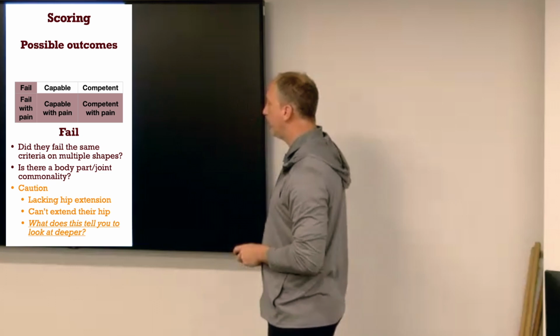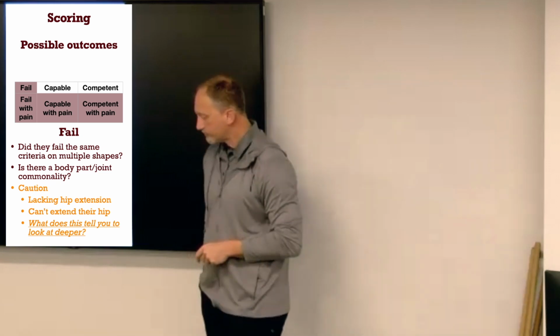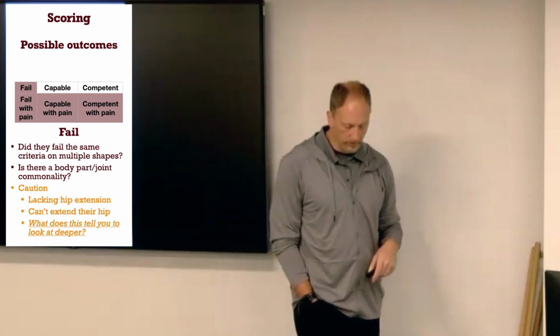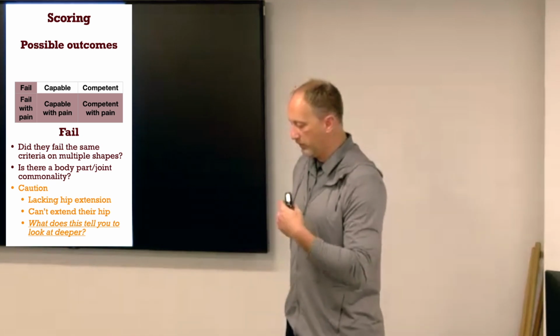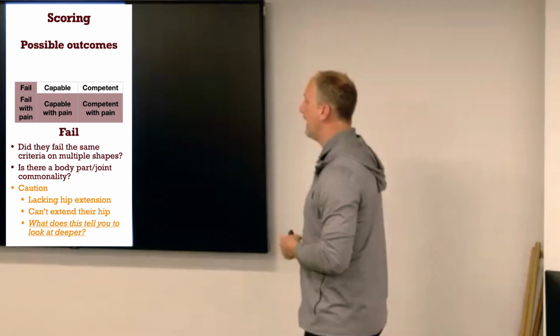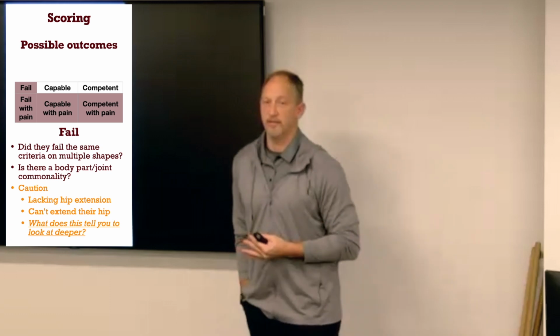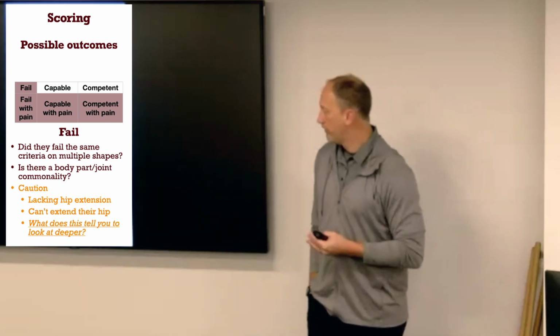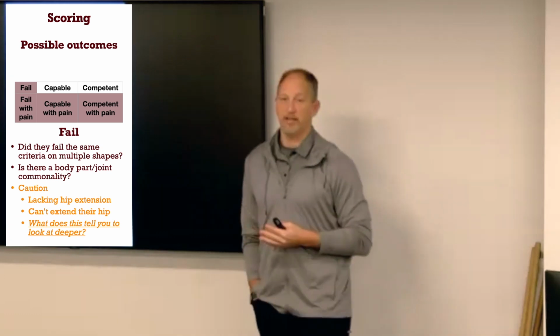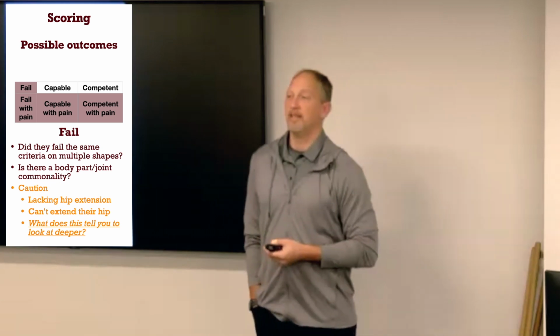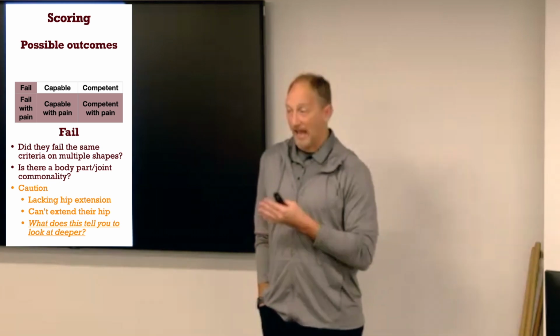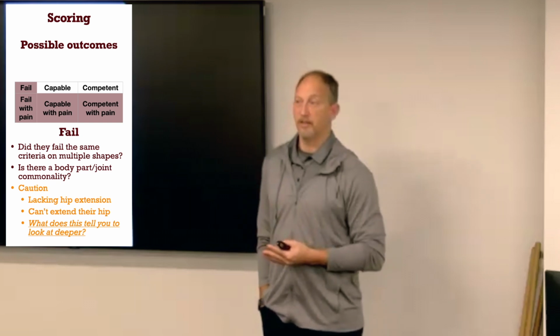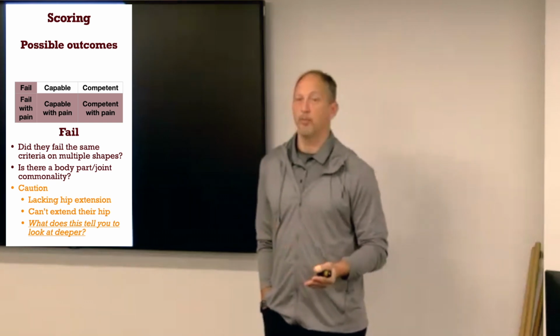I would caution you when you're looking for these commonalities to say that it's a hip extension problem, or to specifically say they can't extend their hip. Now, if you say that and every time you looked at hip extension, they failed it, okay, that's one thing.